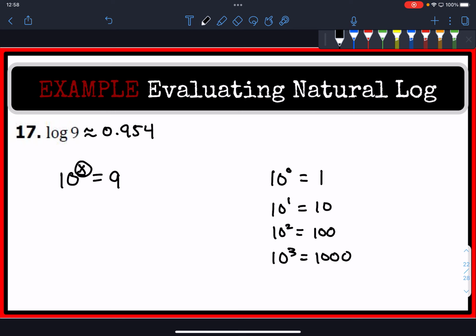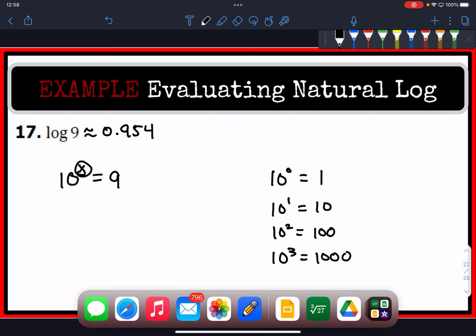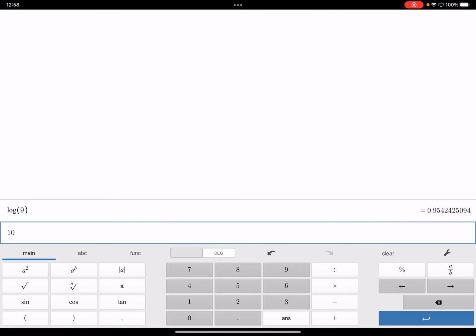So 0.954 would be the estimated value that we would have to raise 10 to in order to get close to 9. And again, we can check that out. Look, if we get 10 and we raise it to 0.954, notice it gets really close to 9.